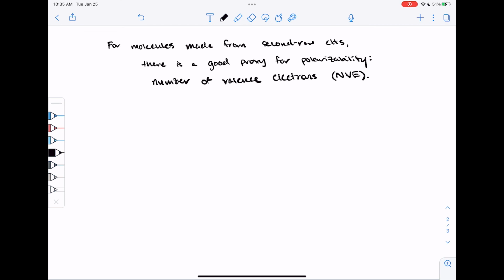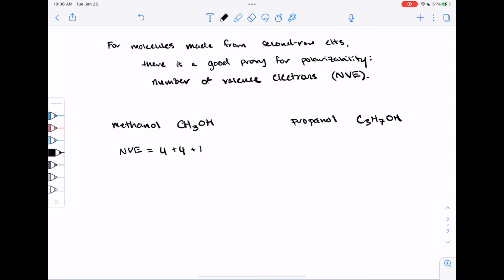So, for example, when we can use this, we can compare, let's say, methanol, or CH3OH, with propanol, which is C3H7OH. And here we see that methanol, the number of valence electrons, equals 4 from carbon, plus 4 from the 4 hydrogens, plus 6 from oxygen, which is 14.